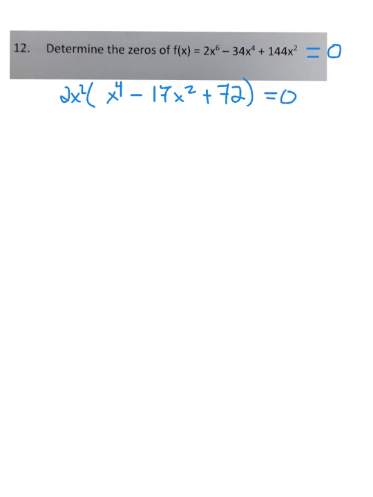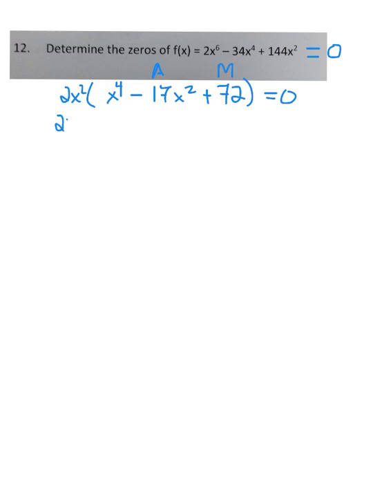Okay. So I have a trinomial, 3 terms here, right? And my lead coefficient of my x to the 4th is a 1, so I'm just going to do the AM method. I'm going to figure out what adds to negative 17 that would multiply to a positive 72.